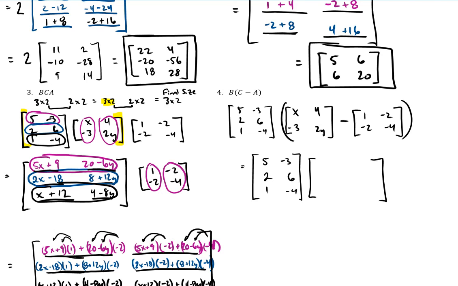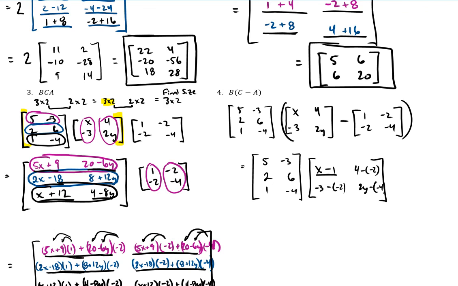We do the subtraction, so x minus 1 is the first. And then 4 minus negative 2 for the second element. And then we have negative 3 minus negative 2. And then 2y minus negative 4. So we have to be careful of those double negatives.